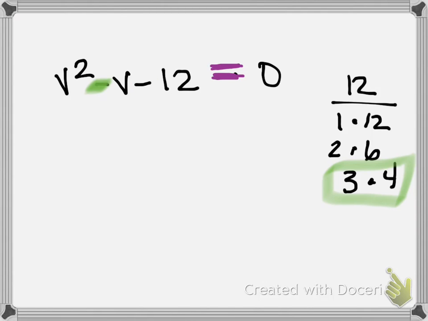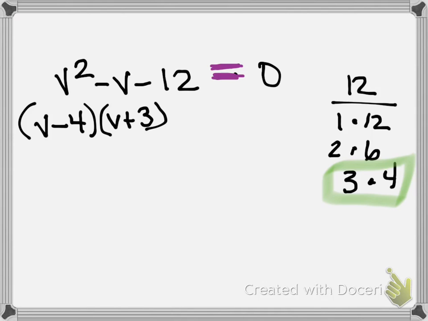When I add them up, I need to get a negative 1. So that tells me the 4 is my negative. So that's v minus 4, v plus 3. Remember how to double check if you don't know if you factored it correctly: multiply that back out and make sure that you get exactly what you started with.